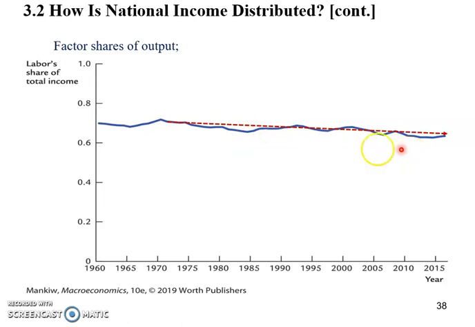In other words, over these decades, workers altogether take less or a little less from the total income. And of course, we said that the capital owners or businessmen take the remaining part, so they take a little more over these decades.